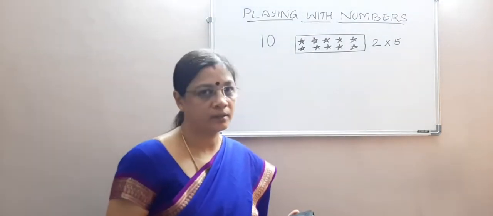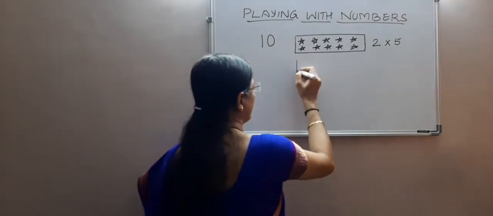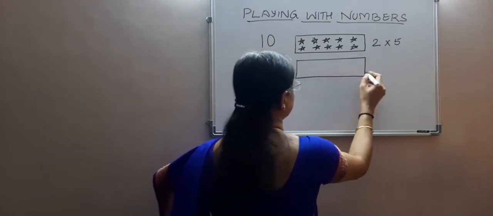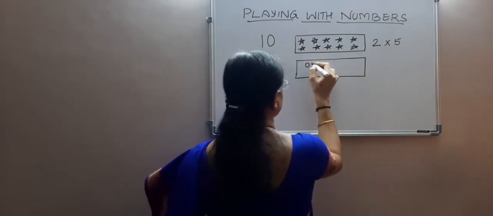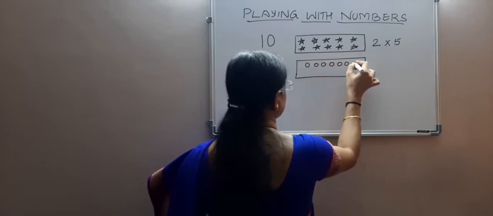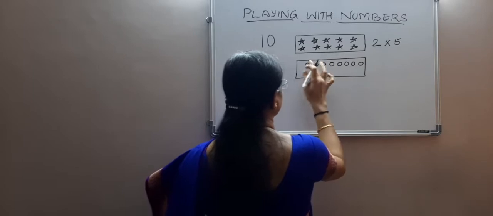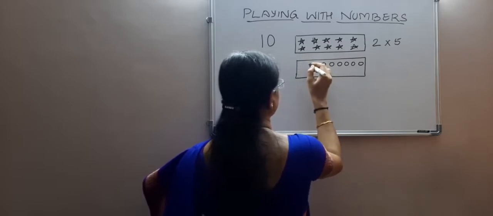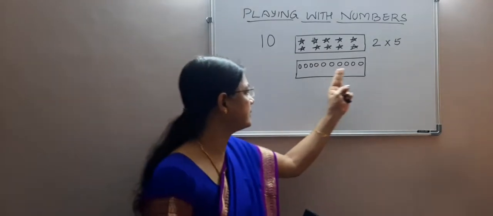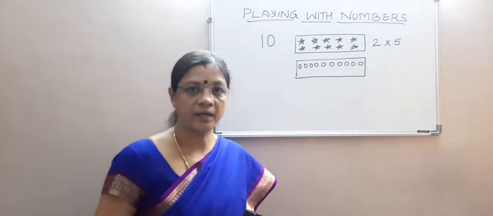And there is also another method by which I can represent it. See, now I have represented 10 circles in a single row.